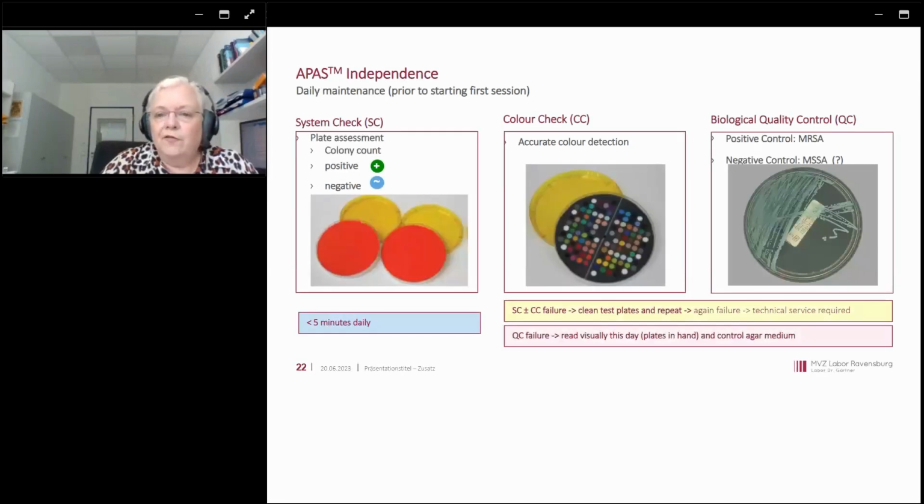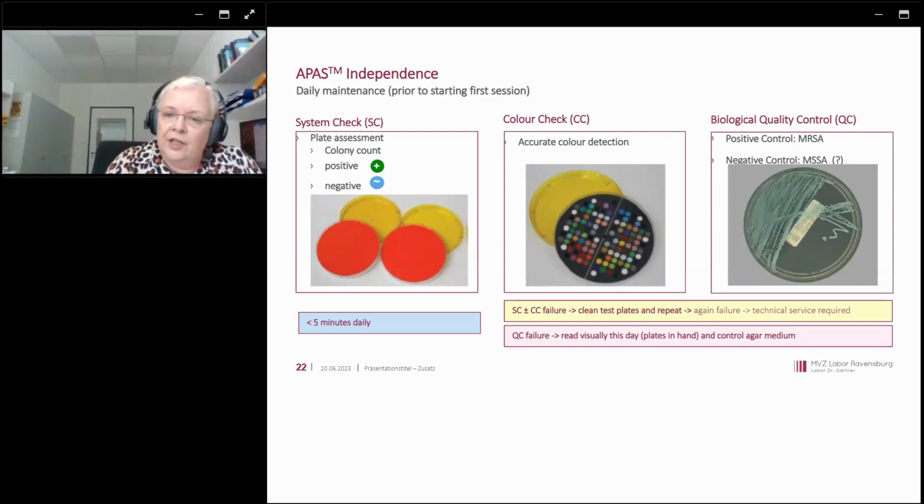The third check you have to perform is a biological quality control. So an MRSA on the same chromogenic medium is inoculated at the same time point when the samples of the patients of the day are inoculated. And this has to be the first reading each morning.